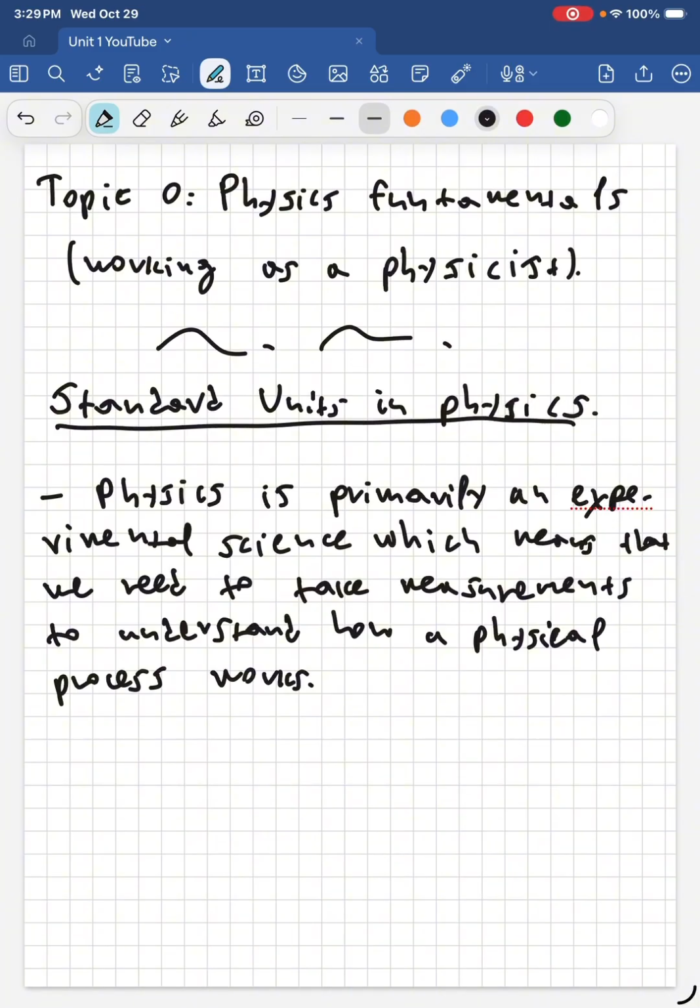So for example, Newton's laws have been experimentally verified over and over and over again over the past 3 centuries or something. Same with Einstein's relativity. I mean, Einstein's relativity has been around since, I think it was 1905, when special relativity was introduced, etc. So in order to understand the physical world, measure quantities, and so on, we need to take measurements, okay?